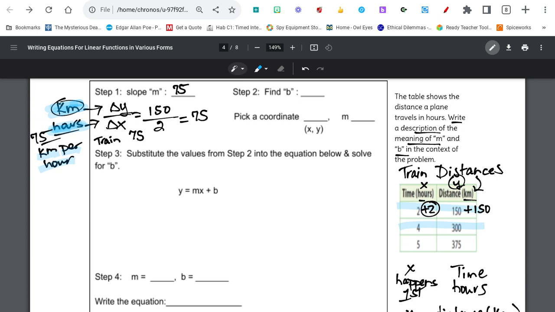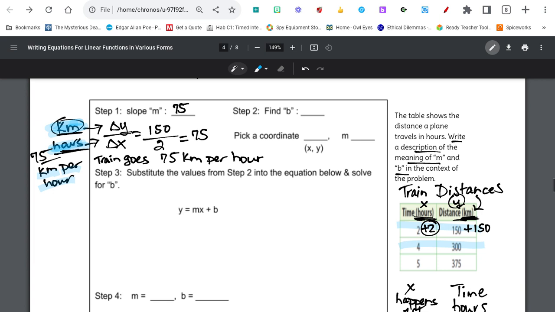That train goes, or the train is going 75 kilometers per hour. And you're able to write that because you put your y unit on top and your x unit on the bottom. The y unit was kilometers. The x unit was hours. So it's kilometers per hour.